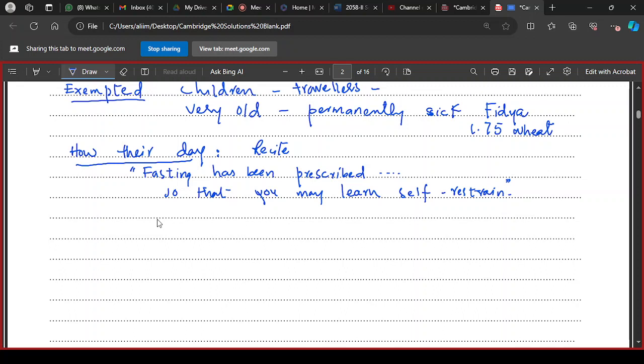So the purpose and objective is that the person should stop himself from all types of bad activities. Whoever does not give up telling lies and acting on lies during the fasting, then Allah has no need of him giving up food or drink. So the person should learn how to control himself. You have to describe very briefly in one paragraph how they observe fast.